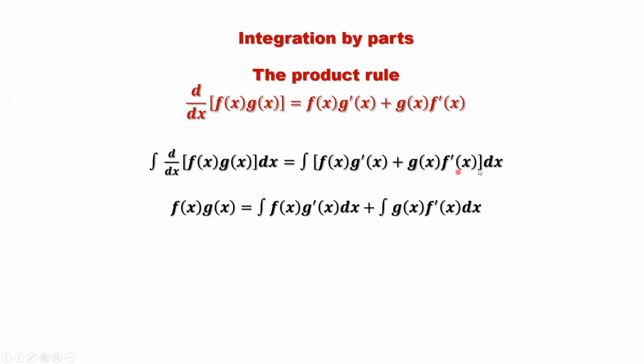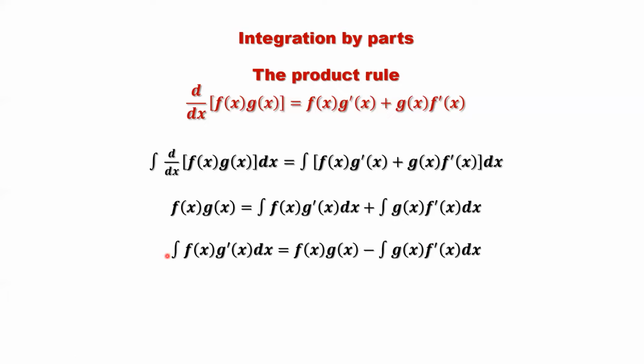The right-hand side, because that's a plus, and the integral is a linear function, we can separate into two parts: the first integral plus the second integral. Rearrange this equation. We have the formula of integration by parts.